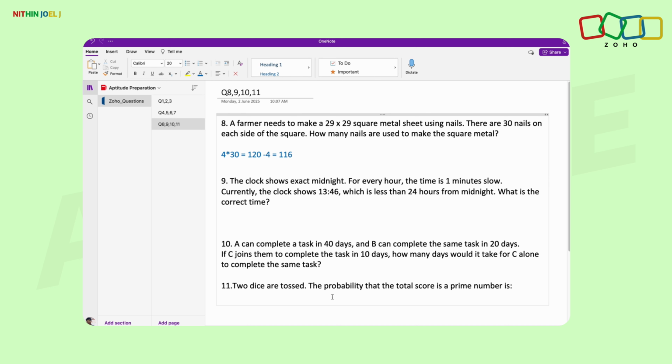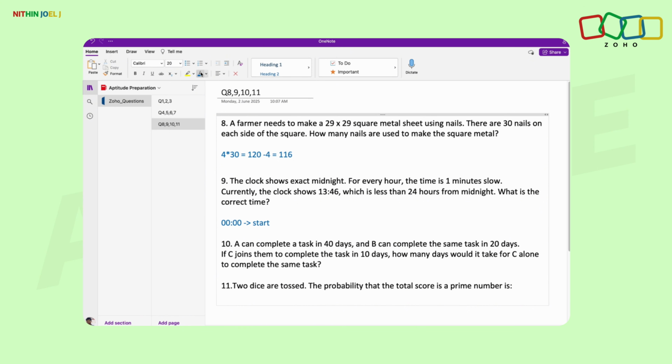The question says that the clock shows exact midnight, which is the starting of the clock, 00:00. So this is our start of the clock, because exact midnight is 0 hours and 0 minutes, right?